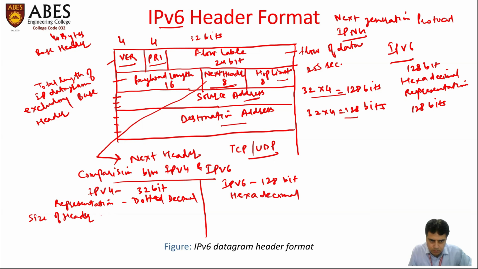In IPv4 the minimum is 20 bytes and maximum is 60 bytes. And in IPv6, this is 40 bytes. And fourth, in IPv4 the header checksum field is available.